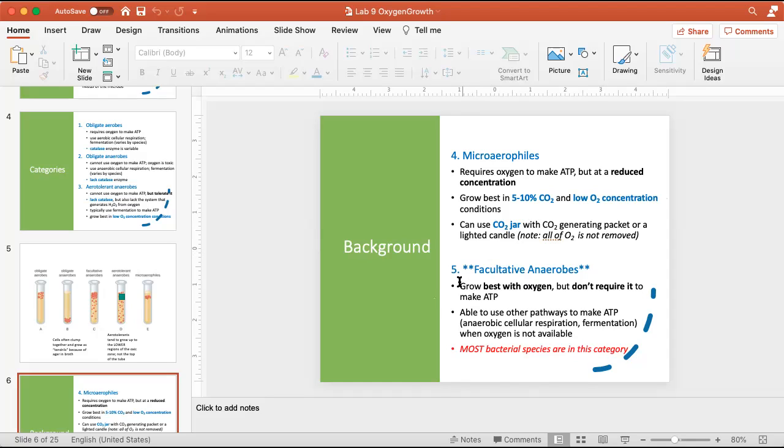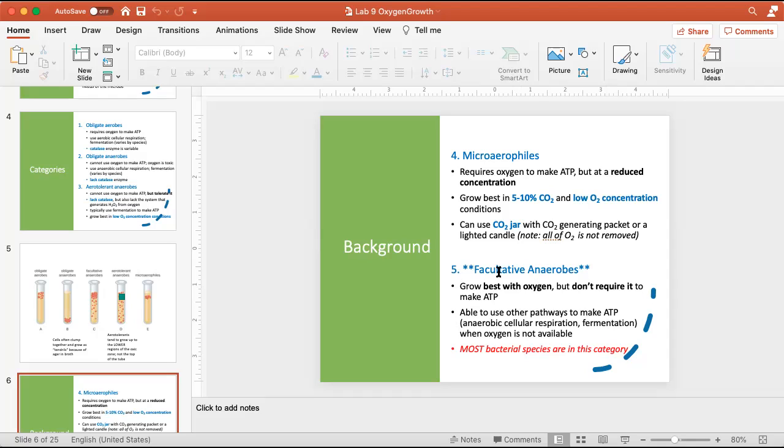Facultative anaerobes grow best with oxygen, but they don't require it to make their ATP. These are often organisms that can do a whole combination of metabolic pathways. They can sort of switch from one to the other.